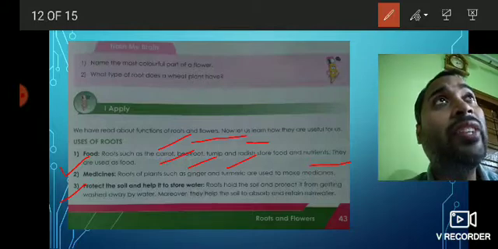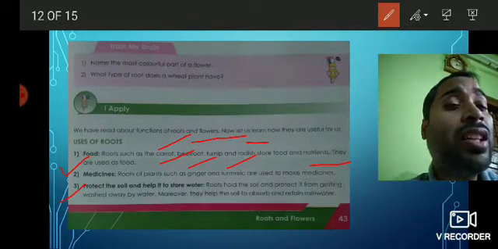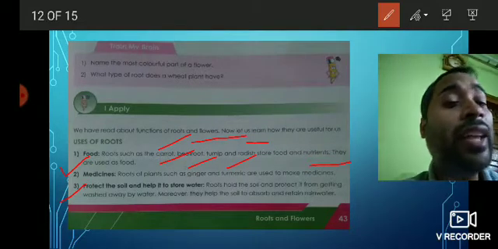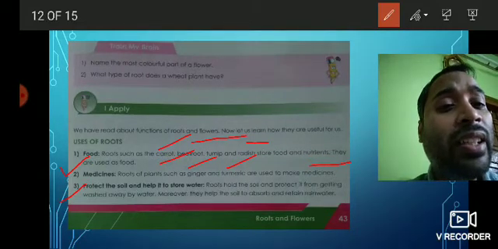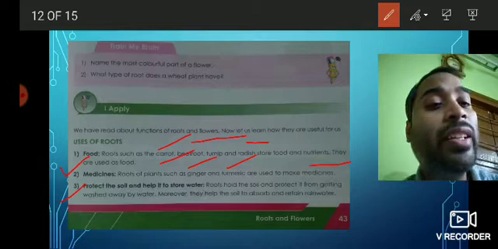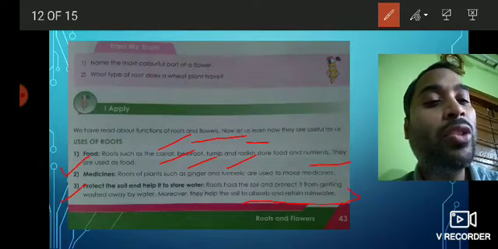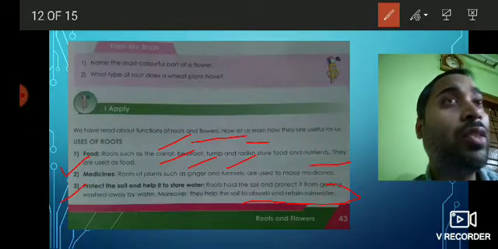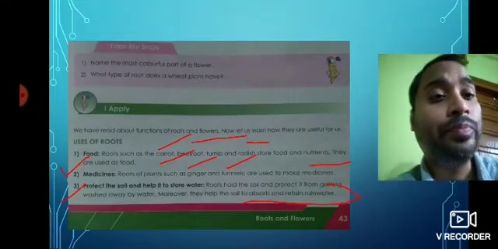So that is prevented when there are trees or plants grown, because their roots can hold the soil tightly together. Moreover, they help the soil to absorb and retain water. So this is again an important function, to absorb and retain water, and thus we can extract the groundwater from the soil.